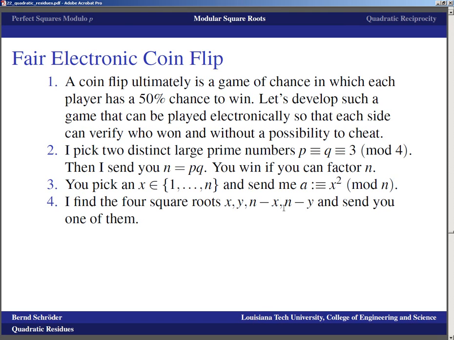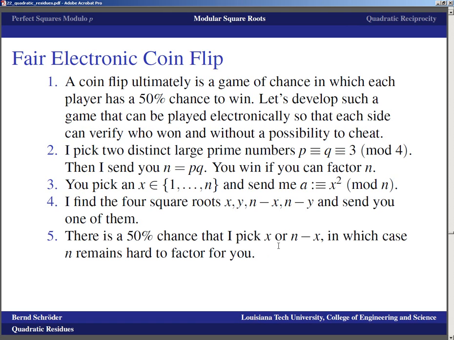All right? And now, if I send you x or n minus x, well, then you already know the number, and the number doesn't help you factor anything. But if I send you y or n minus y, then by adding y or adding what I send you, or n minus what I send you, you end up with p. You potentially could get p, and then you could factor things.